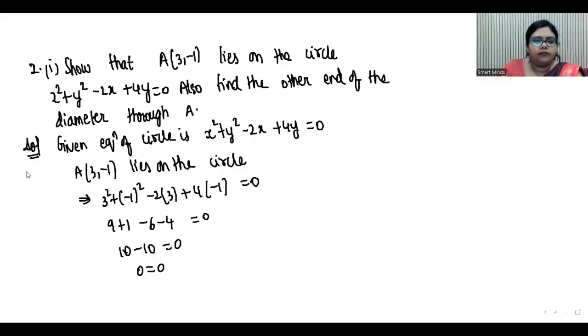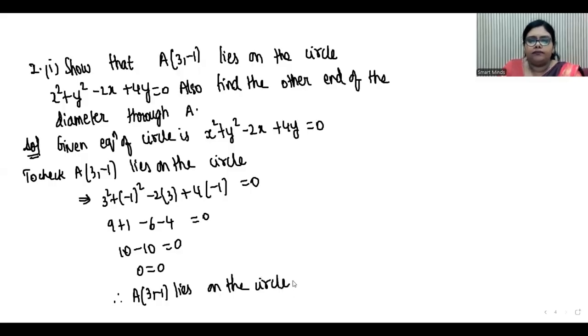Therefore, to check A(3, −1) lies on the circle, now you got 0 = 0. Therefore, A(3, −1) lies on the circle. Now you see this is a circle, this is a diameter, and this point is lying on the circle.